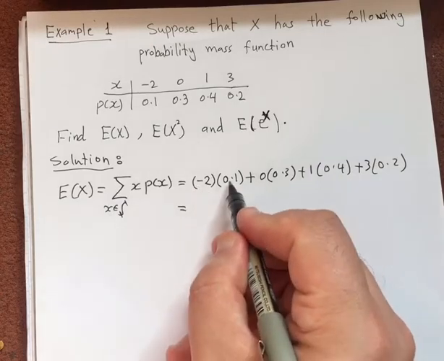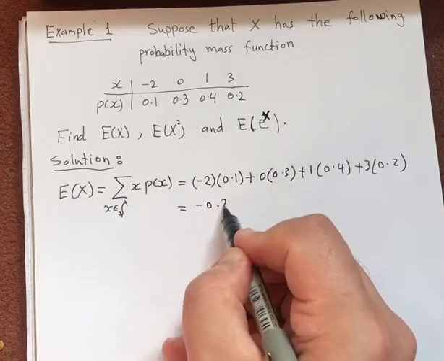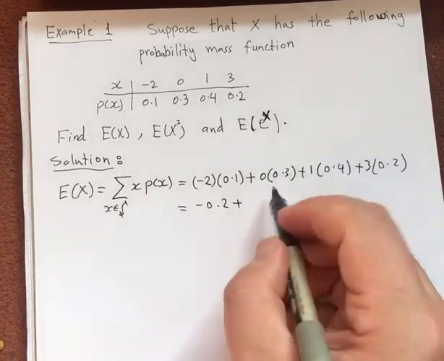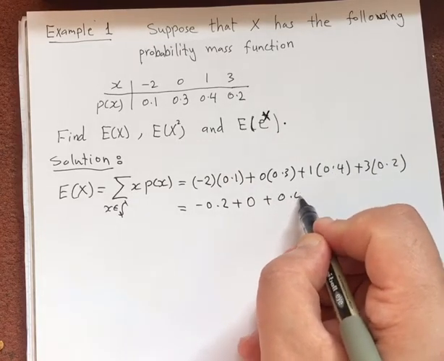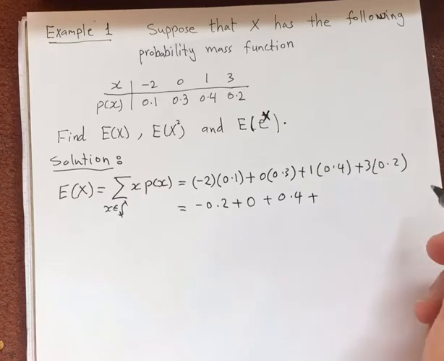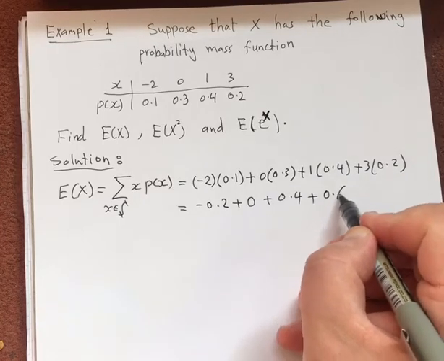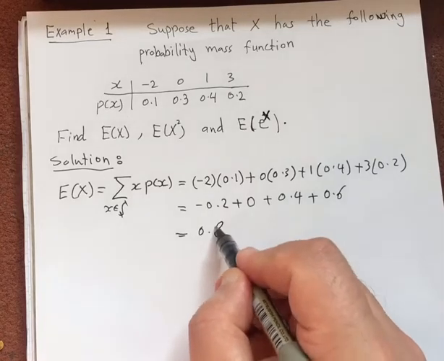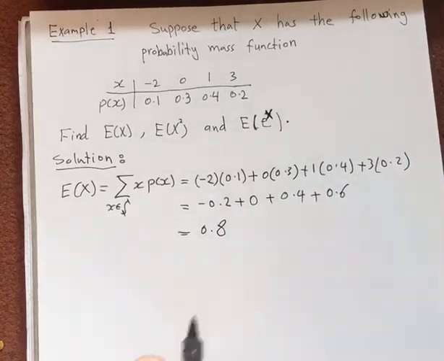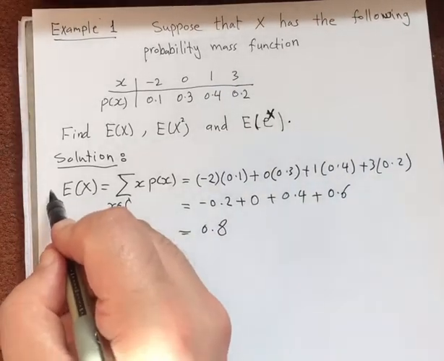So minus 2 times 0.1 is minus 0.2, 0 times 0.3 is 0, 1 times 0.4 is 0.4, and 3 times 0.2 is 0.6, so the answer is 0.8. So this is the first one.